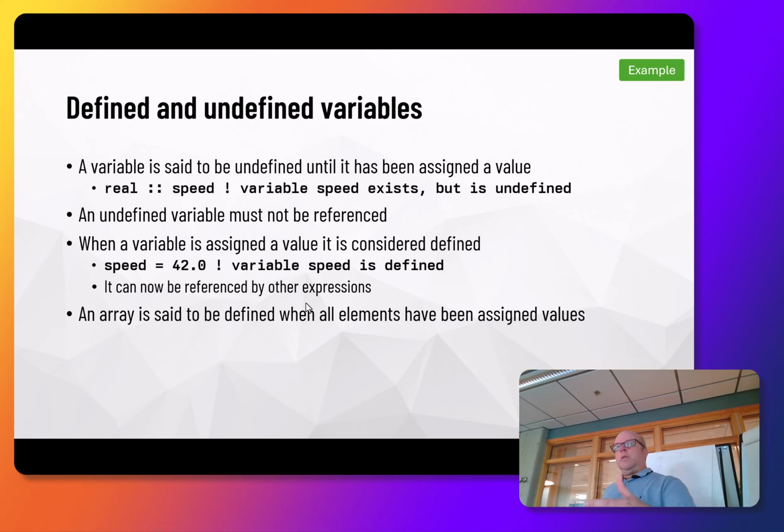If you have an array, it's considered to be defined when all elements have been assigned values. If you just have a single element that is not assigned, it's undefined. And arrays are not initialized by default in Fortran. So if you allocate an array 20 by 20, it's not 0, just so you know. You need to zero them out before you use them, or you read them in and fill them with data.